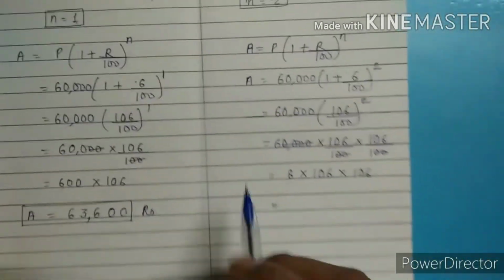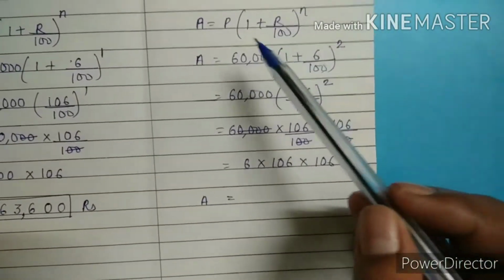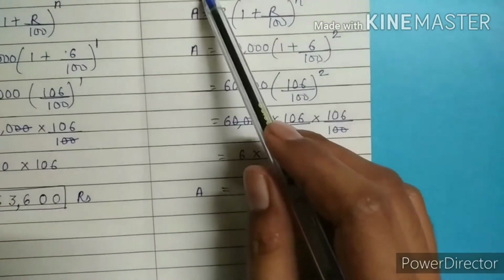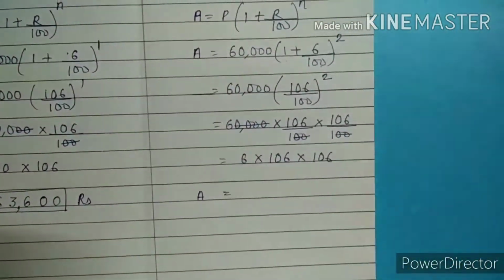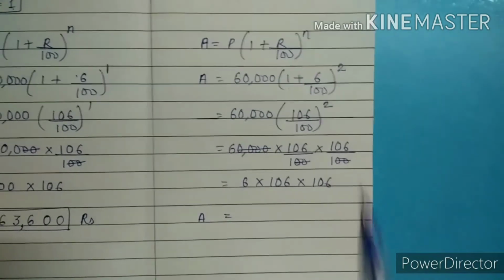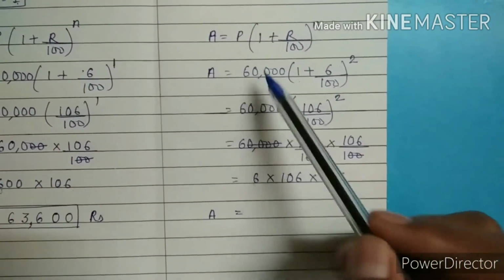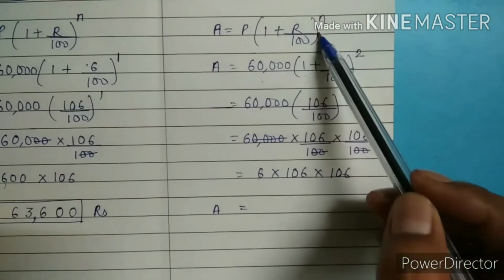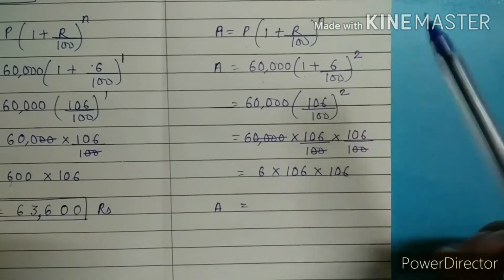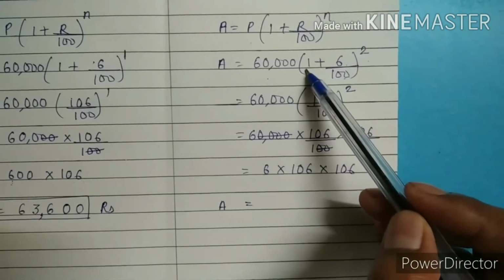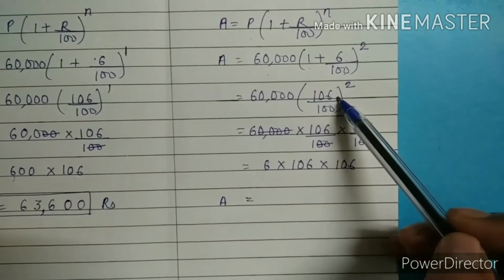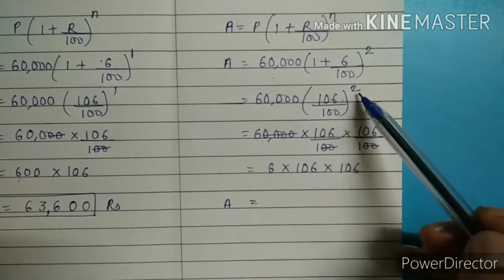It's just the opposite when time is 1 year and n value is 2 because it is compounded half yearly. Principal same, R same, but the n value will go as 2. Same, 100 into 1 is 100 plus 6, 106 divided by 100, whole power 2.